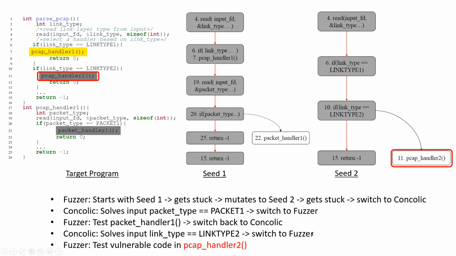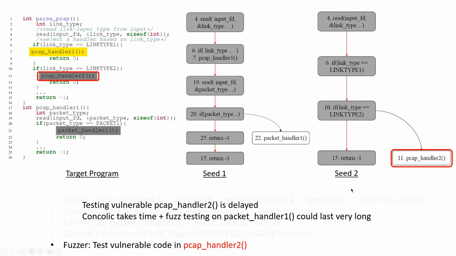So that's one limitation of hybrid testing, because they don't order these seeds. If we take seed 2 first, we are more likely to find packet handler 2. That's the approach of SAVIOR, which I'll explain later.